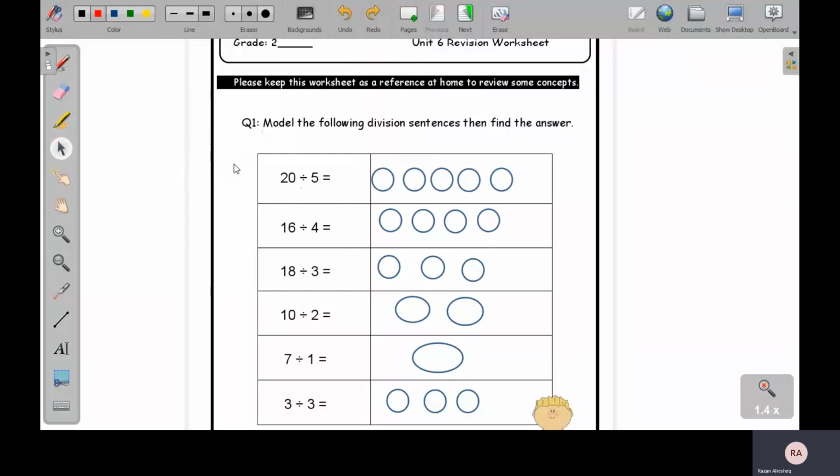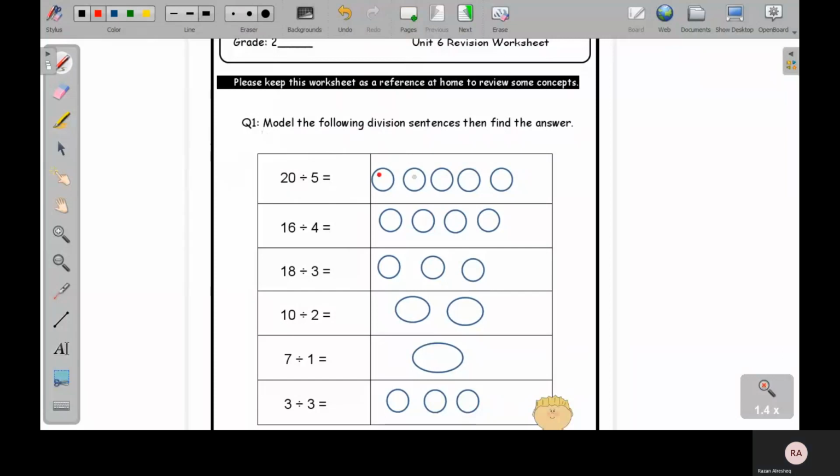Now, one way to do this is to take the number I have here, the 20, the large number, and keep on placing an object in each group until I reach 20. Let's see how. I'm going to take my 20 and equally share it.